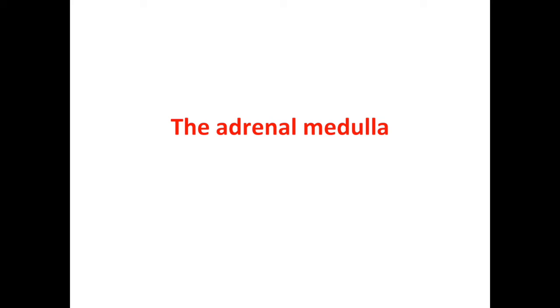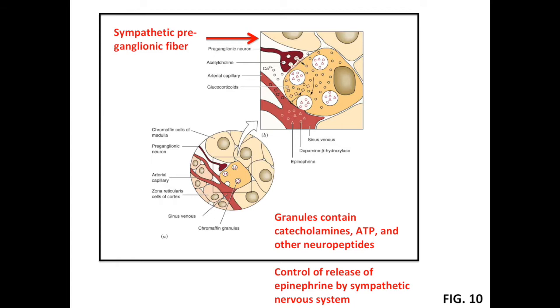The second area of the kidney we're interested in is the adrenal medulla. And the adrenal medulla is essentially a post-ganglionic structure. It's innervated by a preganglionic neuron that releases acetylcholine onto nicotinic receptors, and then this stimulates these chromaffin cells to degranulate.